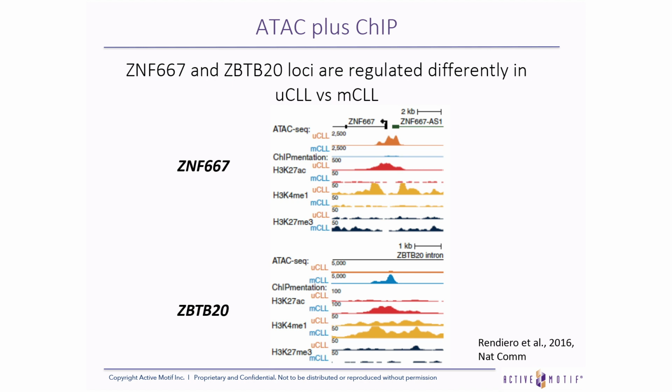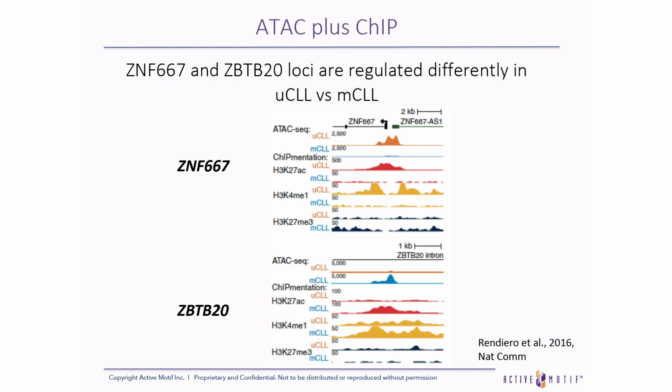So looking at the ATAC-seq data for ZNF667, we see open chromatin at this promoter. We also see acetylation of the histone at this promoter, looking at the ChIP-seq result. So what this shows us is that this gene is probably on. There is K4 monomethylation, that's the primed enhancer mark. That is on in the unmutated form.